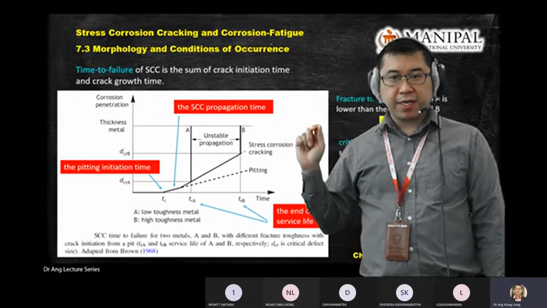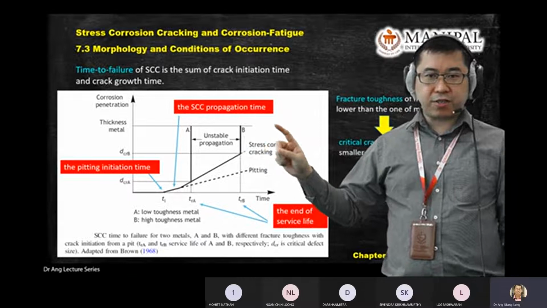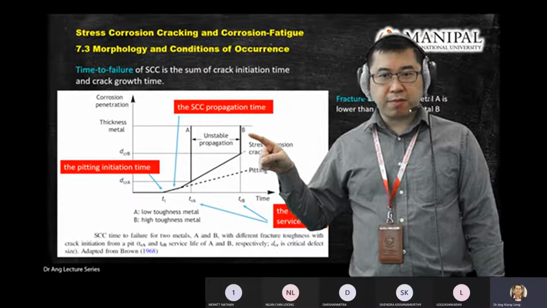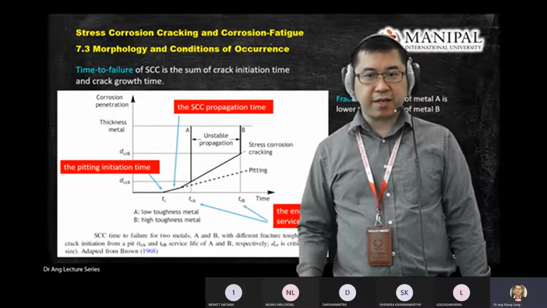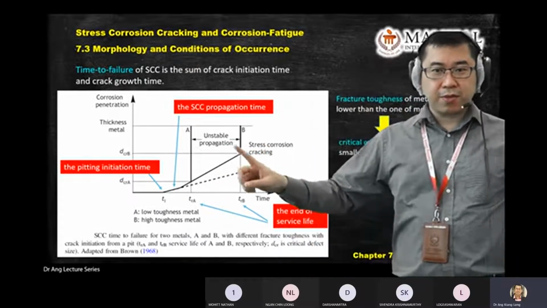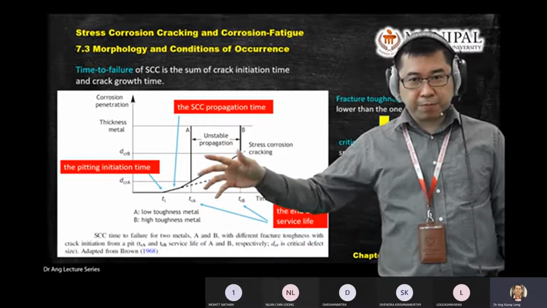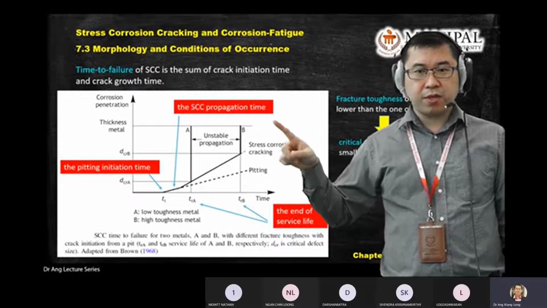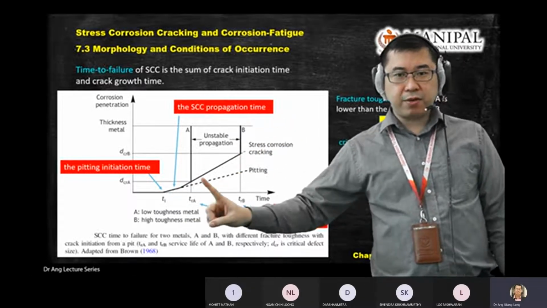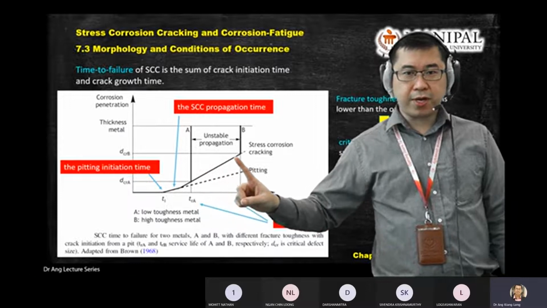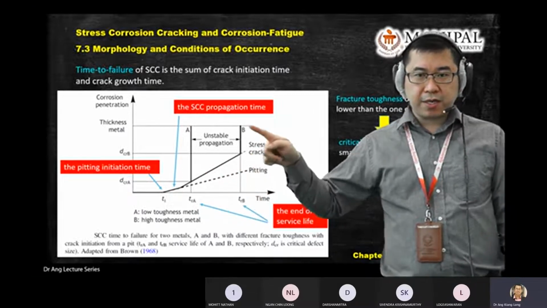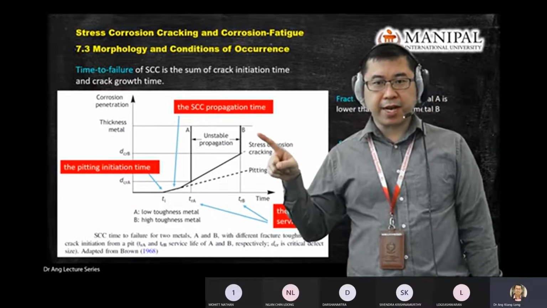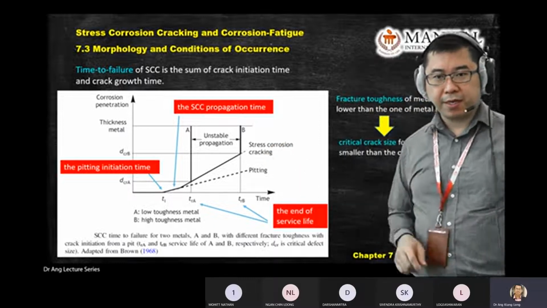However, if you need to handle that stress, B will cost more than A. Normally A will be cheaper than B, but because of the function that B can do, it can handle more SCC stress. So B will be the most likely choice, and people will sell B at a higher price, right?